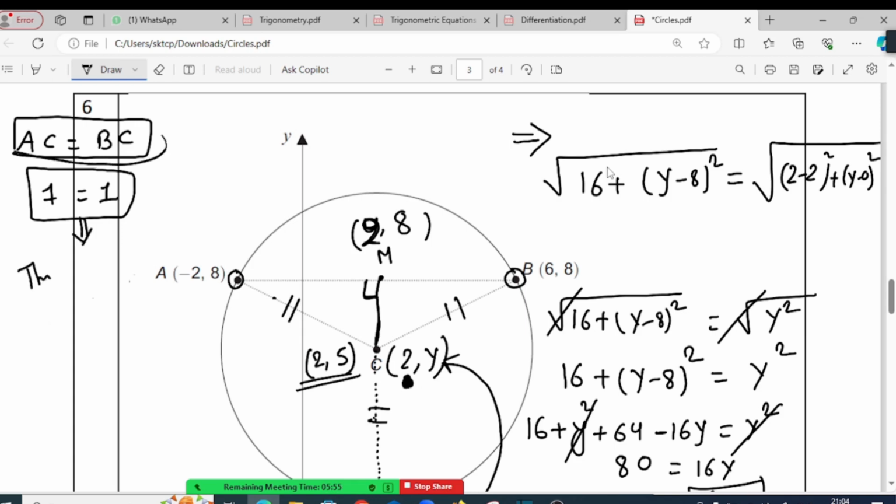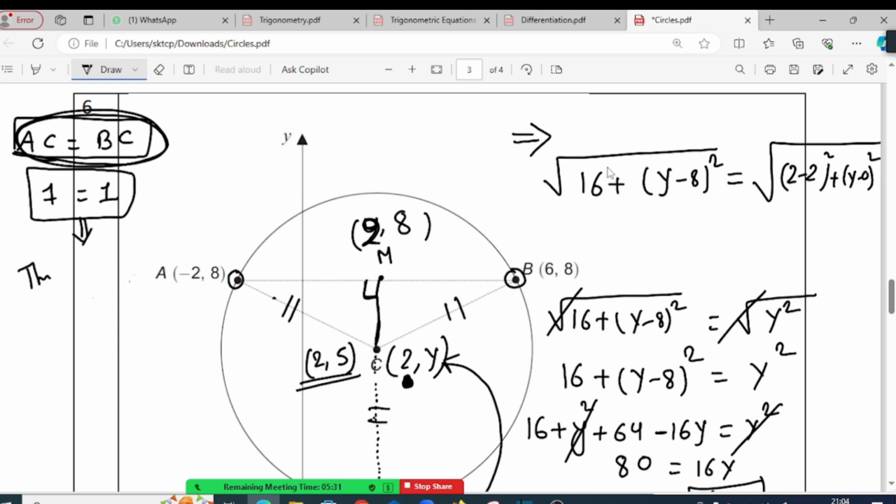Whatever you are asking from the maths, that AC is equals to BC, you are trying to ask from mathematics what will be my y coordinate for which AC will be equals to BC. Is it correct? You are trying to ask from the mathematics that for what values of y the C will be such that AC will be equals to BC.